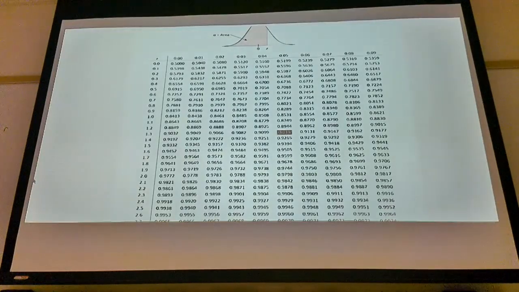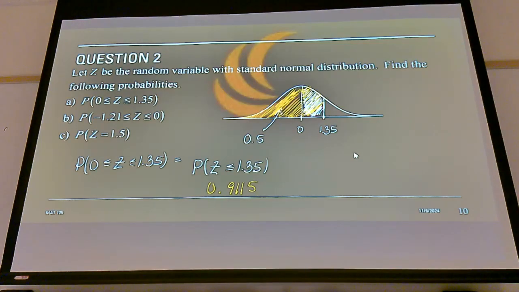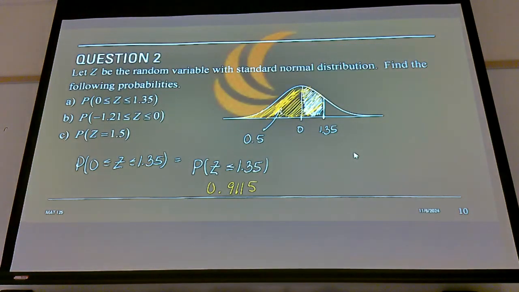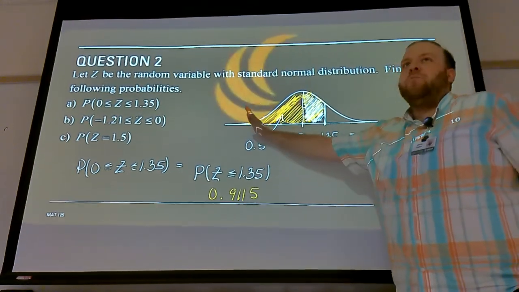So that total yellow area is 0.9115. So all of this is 0.9115.